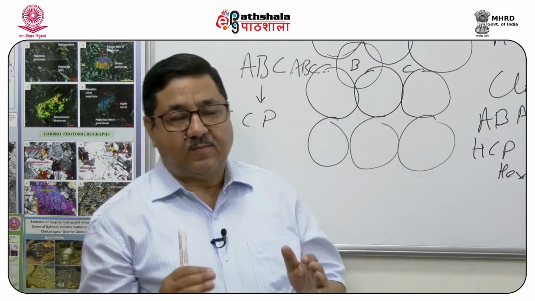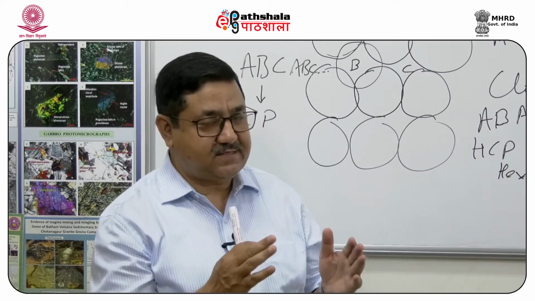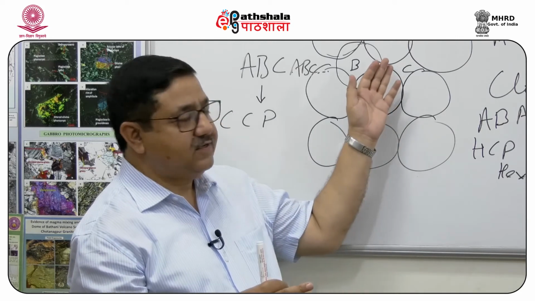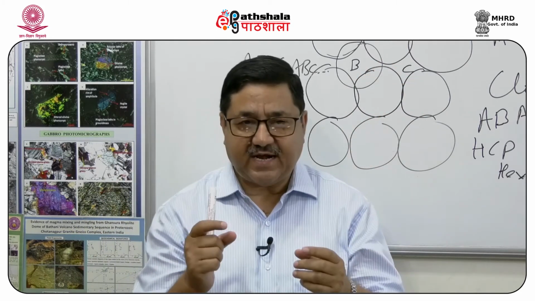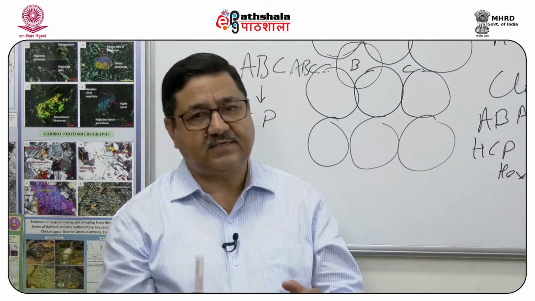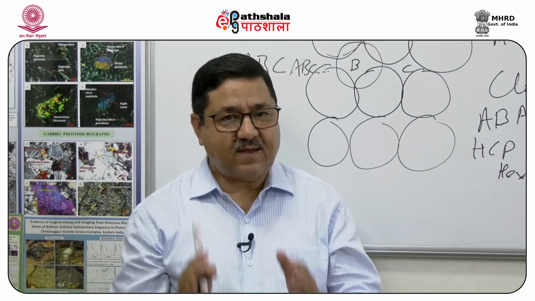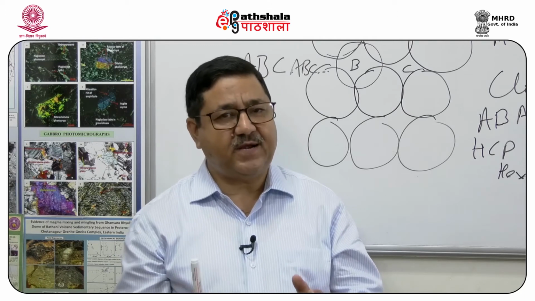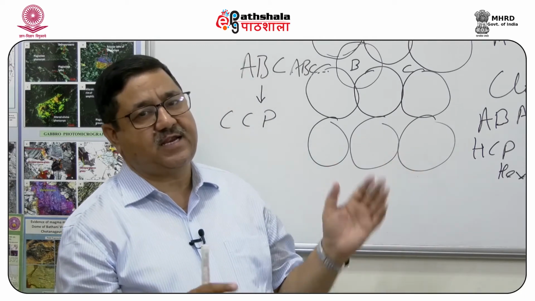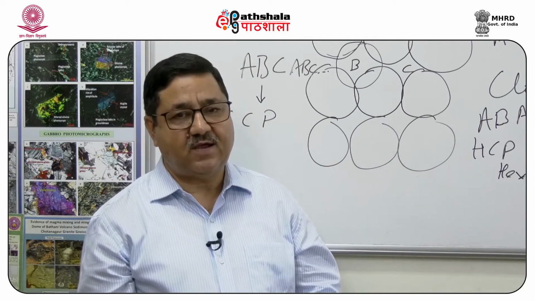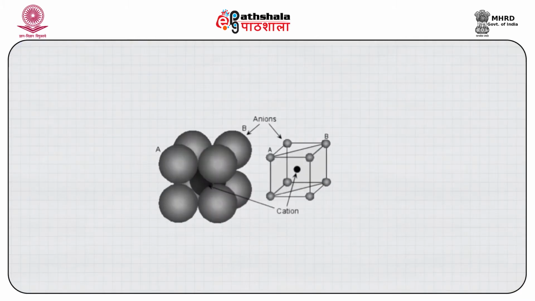So, Pauling looked at this idea of how the different cations and anions are bound together, and some fundamental rules which govern this arrangement, and those are known as Pauling's rules. The first principle of Pauling's rules is known as the coordination principle.